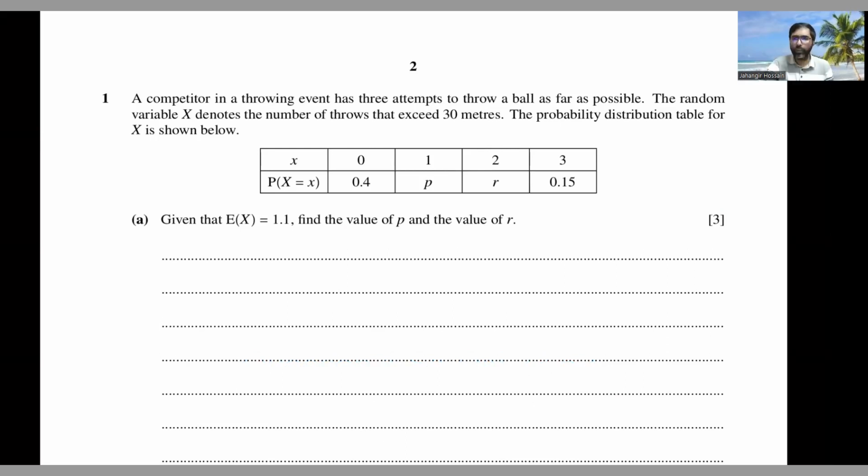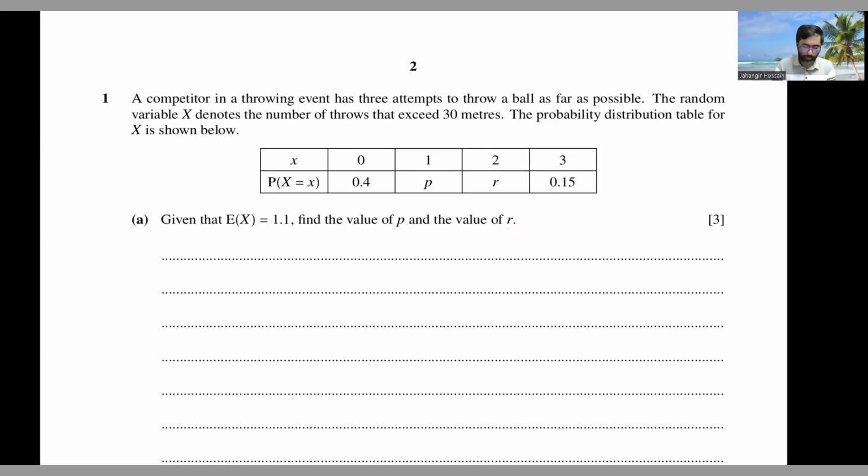In this table there are two unknown probabilities, P and R, so two unknowns need two conditions. Given that E(X), the expected value of X, is 1.1, you have to find the values of P and R.